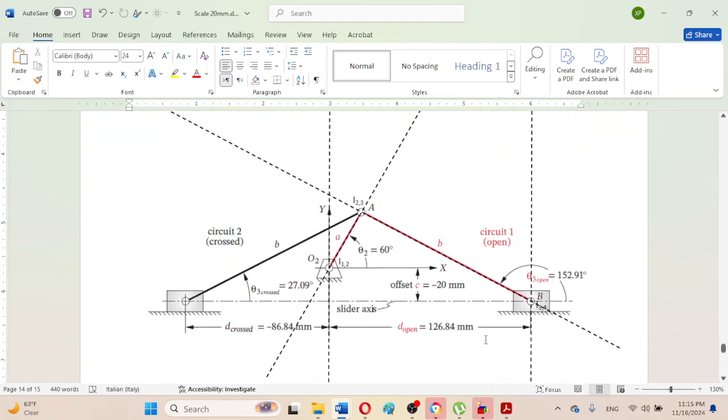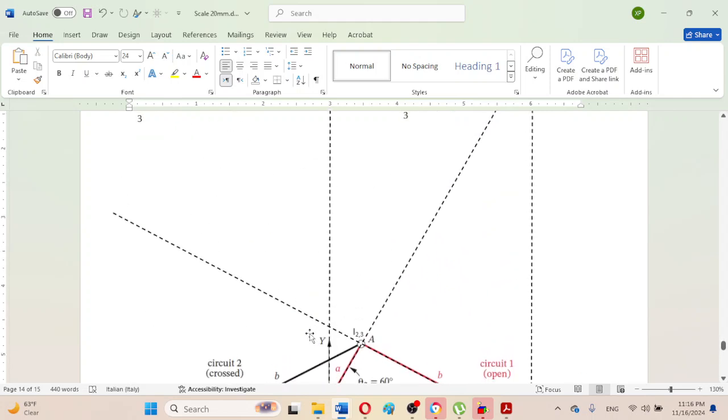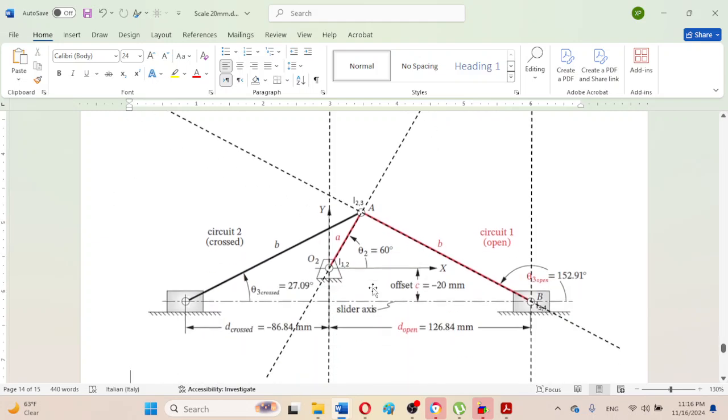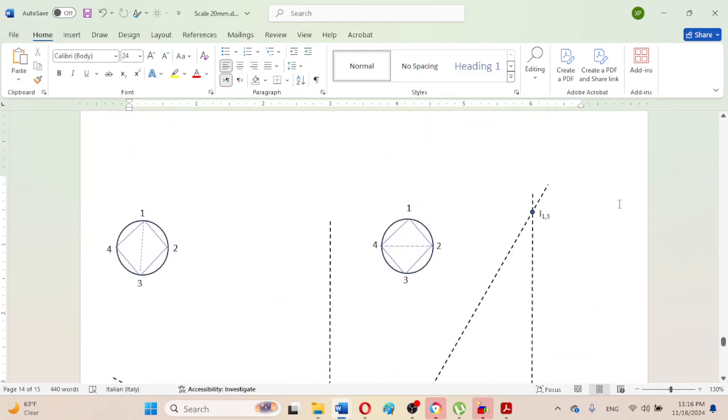This line is not intersecting this instant center, because that is actually located where the permanent center I3 comma 4 is located. So here the intersection is possible. So this is the instant center I2 comma 4.